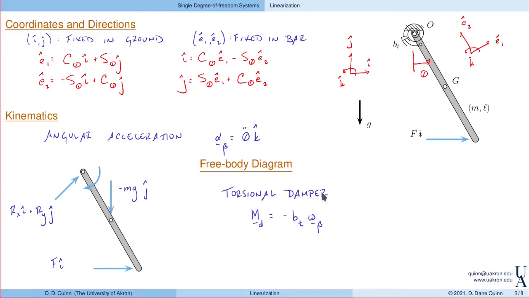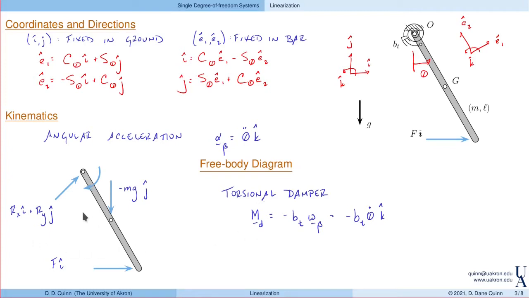Right, so bt is the torsional damping coefficient, and minus omega so that it opposes the direction of the angular velocity. In this case, using this angle theta, we see this can be written as minus bt times theta dot in the k direction. This is equivalent to a torsional spring, which of course would be proportional to the angular displacement of the bar.